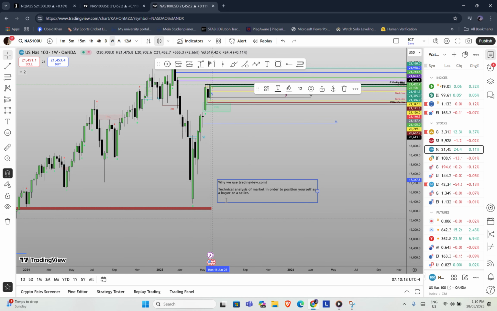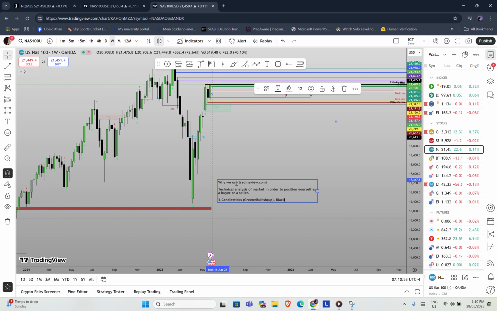Okay, so what do we have in TradingView? Always in TradingView, what tools do we have? In TradingView, the first thing we have is candlesticks. These are called candlesticks. The green ones equal bullish, meaning the market is moving up. The red candles or the black candles, you can change the colors of these candles.